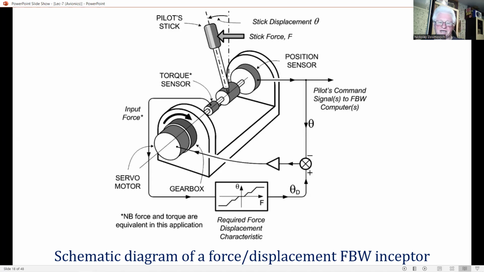The controller generates the appropriate stick displacement demand corresponding to this force, and the stick is driven by the servo motor so that the displacement coincides with the demanded value. The outputs of the stick displacement sensors are majority voted and provide the pilot's command signal, for example pitch rate and roll rate, to the FBW computer.